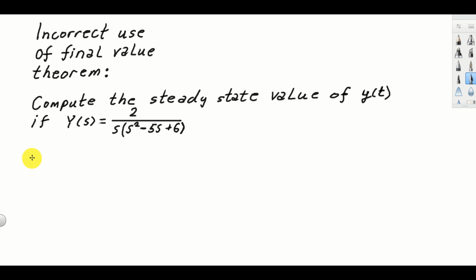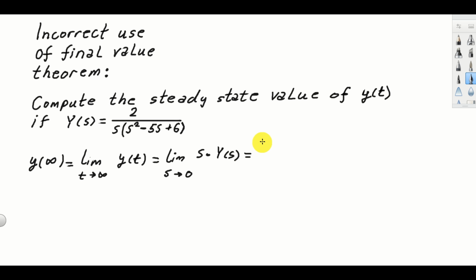So the formula states that y at infinity is equal to the limit value when t goes to infinity of y of t, and this becomes in the complex Laplace domain the limit value when s goes to 0, s multiplying Y of s. And let's substitute the value.